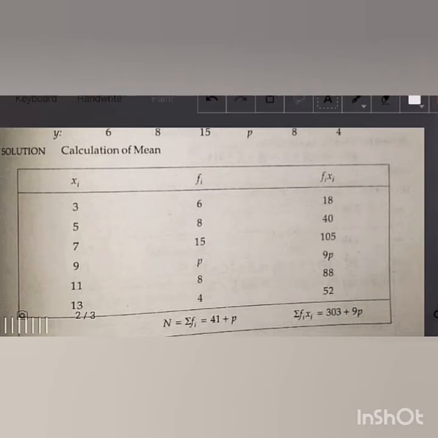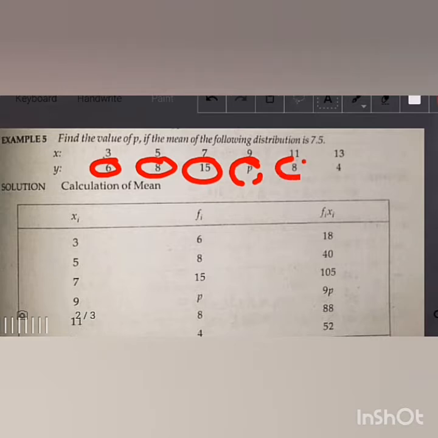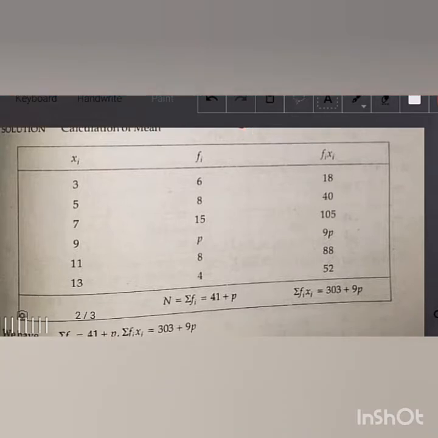Now, what are the frequencies given here? 6, 8, 15, one frequency is a variable, that is P, then 8 and 4. These frequencies are taken here: 6, 8, 15, P, 8 and 4.